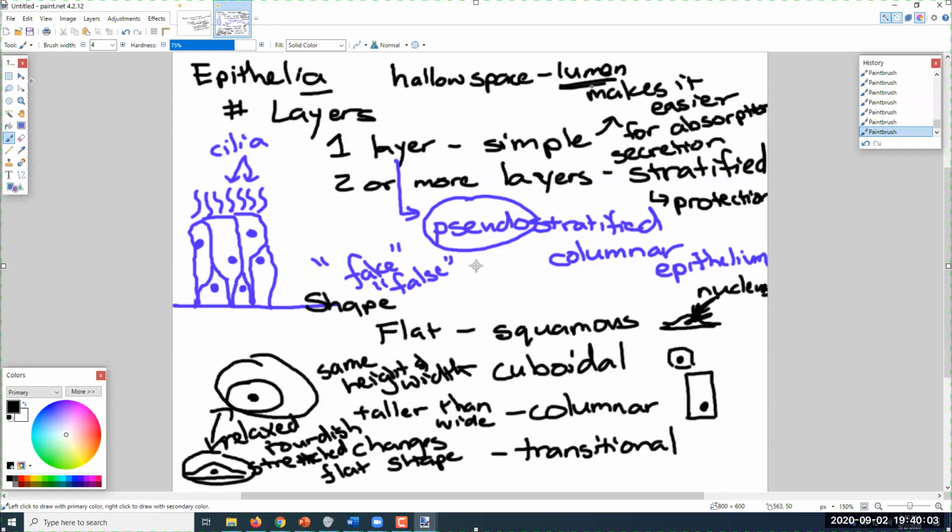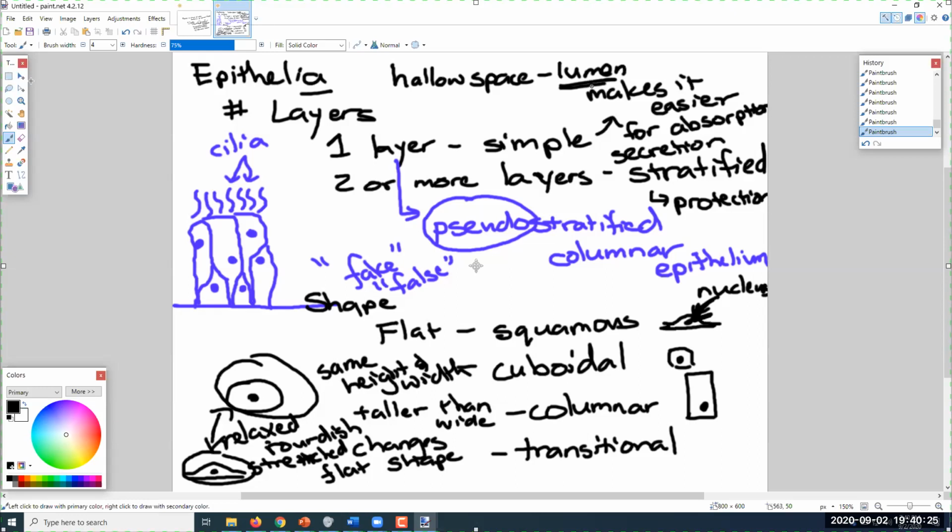Of course, if we're talking about the skin, then it's the outside environment, so you can't really call it the lumen anymore because it's actually the environment. But if you're talking about the internal organs and that hollow space inside whatever organ you're talking about, then we call it the lumen.